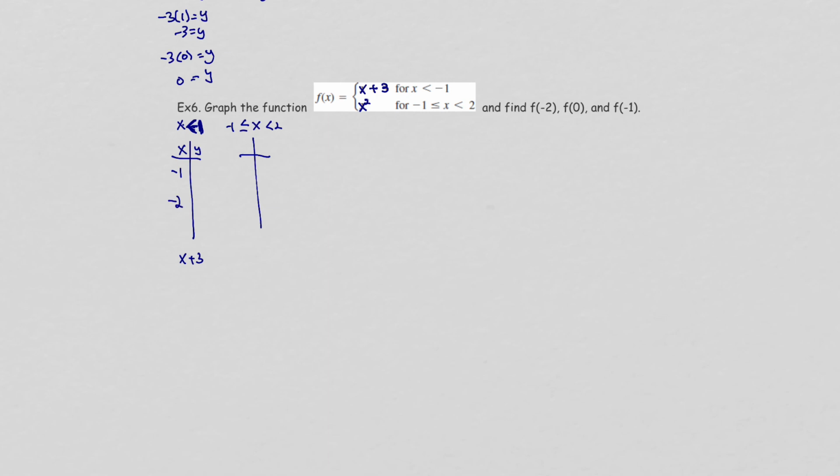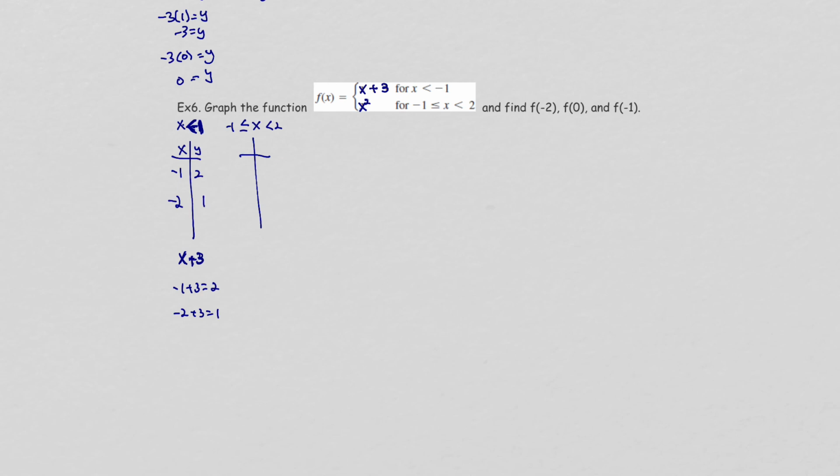And this one was linear, right? Linear will be a straight line, so I don't need more than 2 points if I'm confident I'm not making a mistake. So for -1, replace it: -1 plus 3, which is going to be 2. And -2 plus 3 is going to be 1. So that will be the graph.